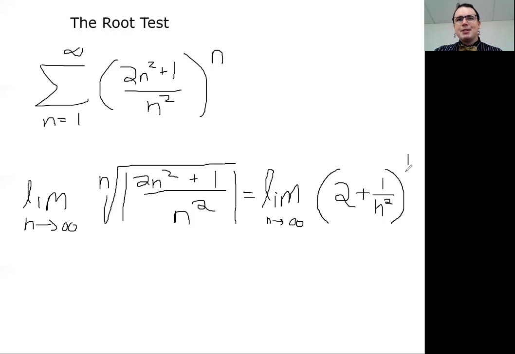I'll go ahead and write this with the 1 over n power. So what's happening in this limit, I'm taking the fraction 2 plus 1 over n squared and raising it to the power 1 over n.